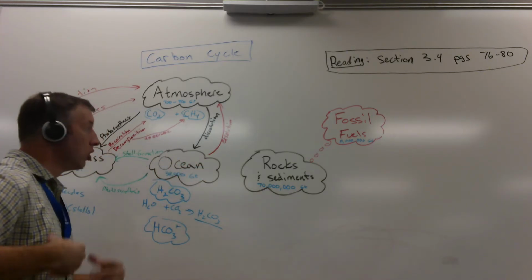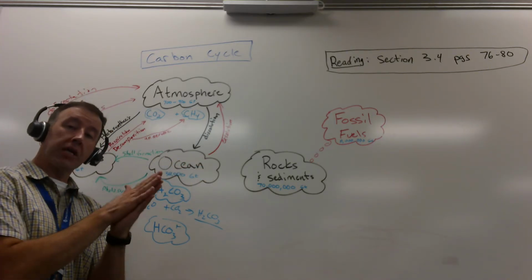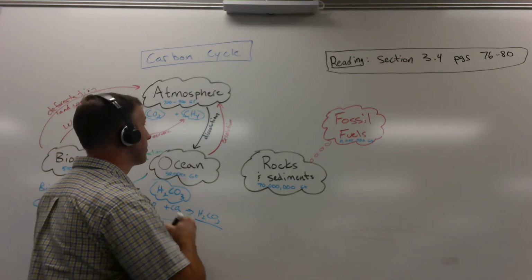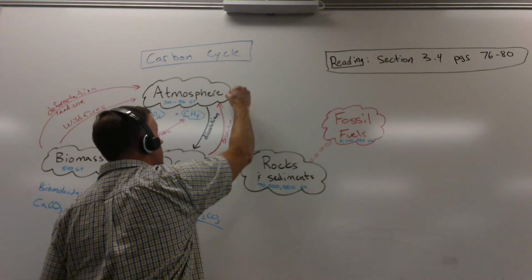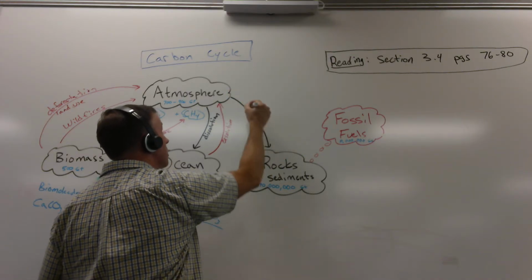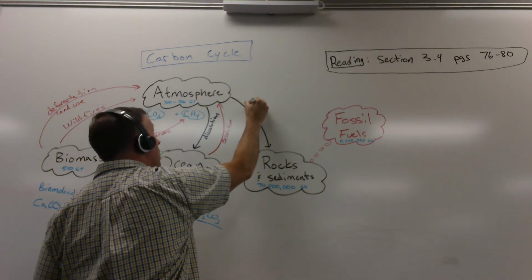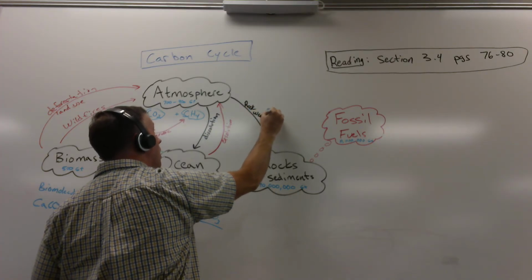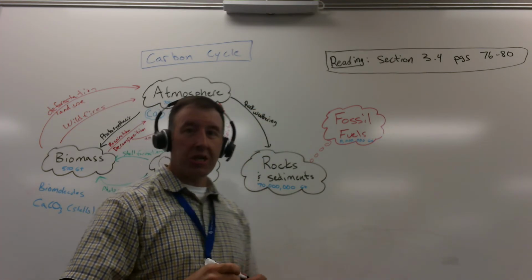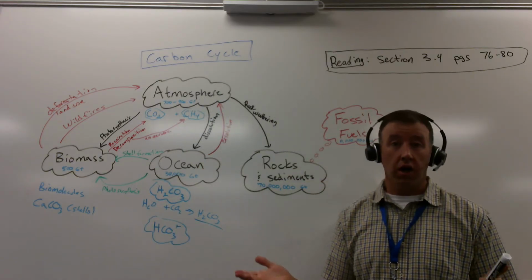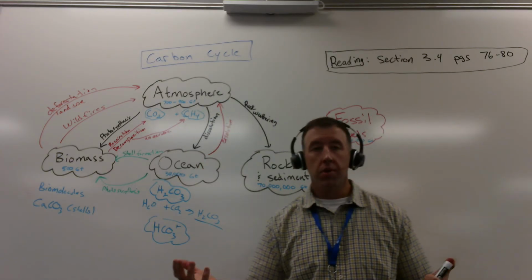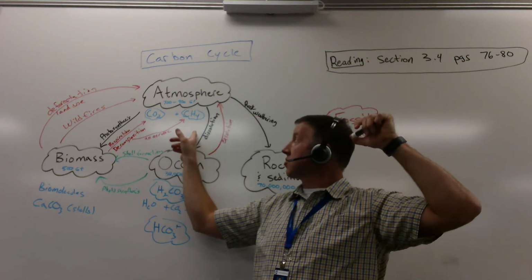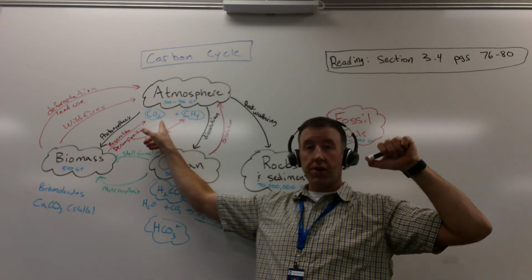Some ways that carbon can get into rocks. One of them is through what's called rock weathering. So I'm going to go from the atmosphere to our rocks. Typically the way that happens, certain rocks, not all, but certain rocks: when rain falls through the atmosphere, we already talked about that dissolution of carbon dioxide into water.